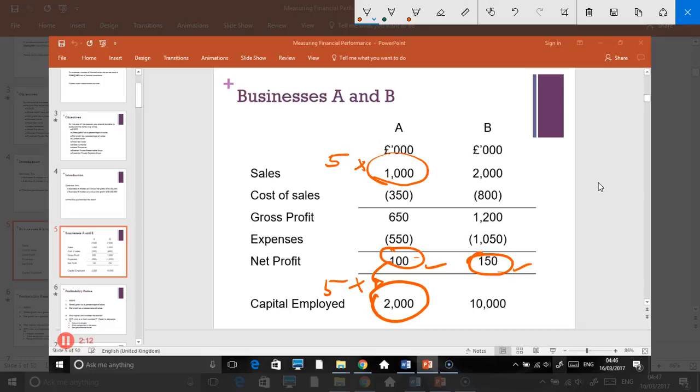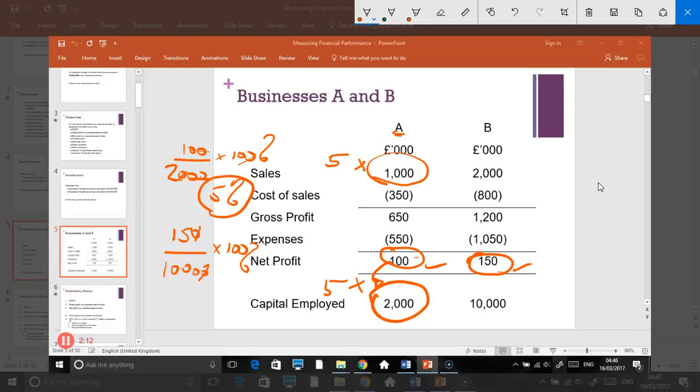And you can obviously see that Mr. A has done much better, because Mr. A was given £2,000 and he's brought you back £100 in that period. Mr. B was given £10,000 and he's made 150. So I can find the return on capital employed. In this scenario I have 1 over 20, so you have a half times 10, so you have 5% here.